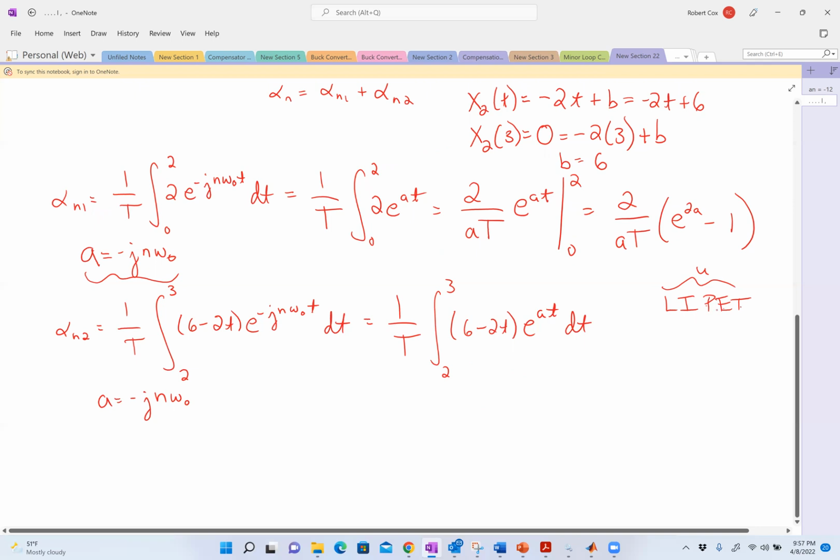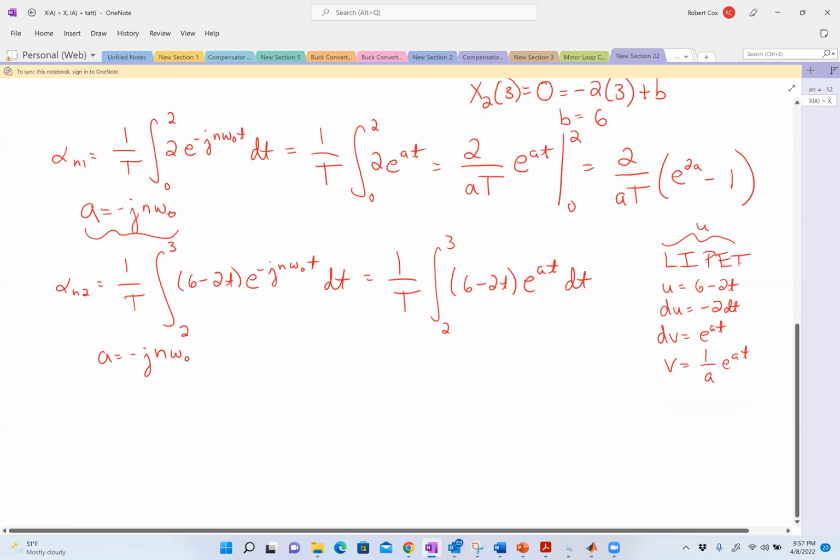So I have a polynomial and an exponential, so the polynomial becomes my u substitution. So I have 6 minus 2t is my u substitution. That means that du equals minus 2 dt. dv equals e to the at. So v would be 1 over a e to the at.